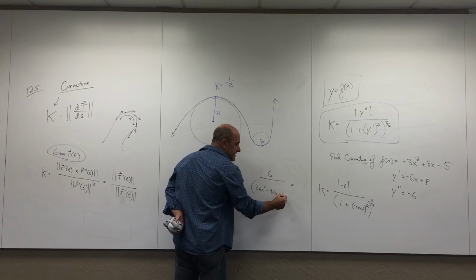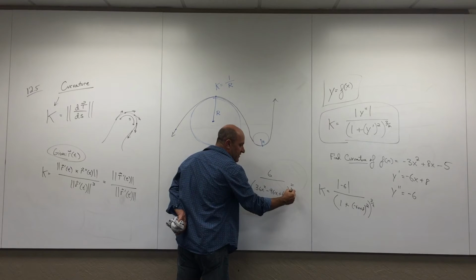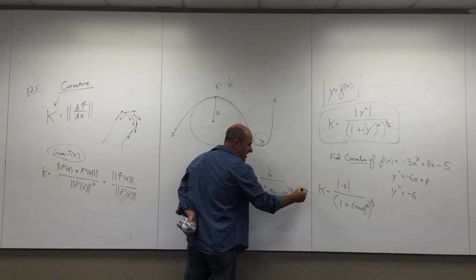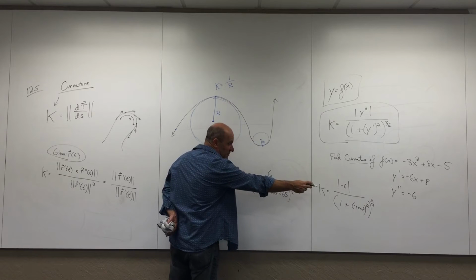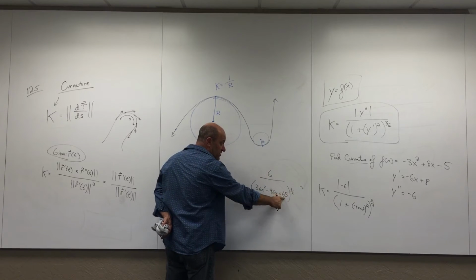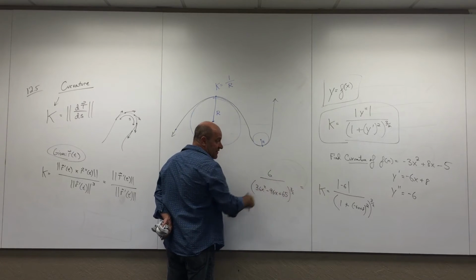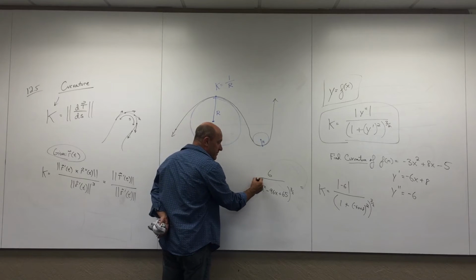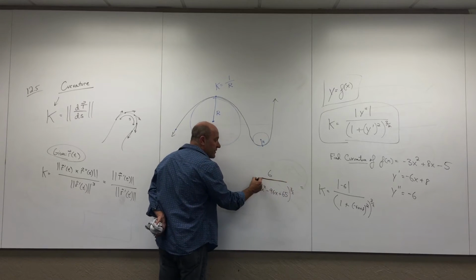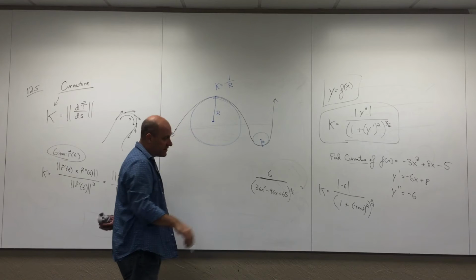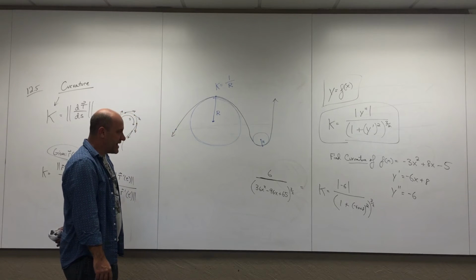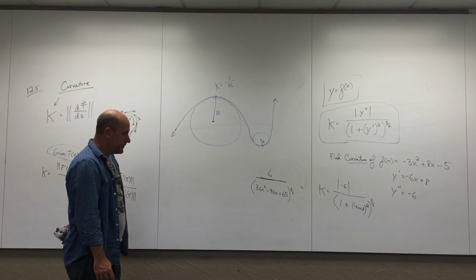So I'm going to put plus 65. And then all that to the 3/2. Did you follow me on that? I FOILed the binomial, and then I added the 1 just to that term, and then I got all that to the 3/2. So maybe that looks a little better. I don't know. I'm not necessarily interested in you doing that algebra. It didn't help that much.